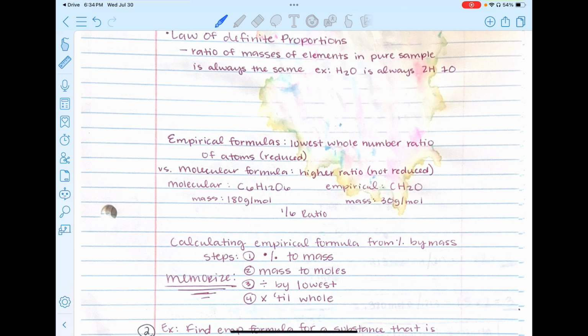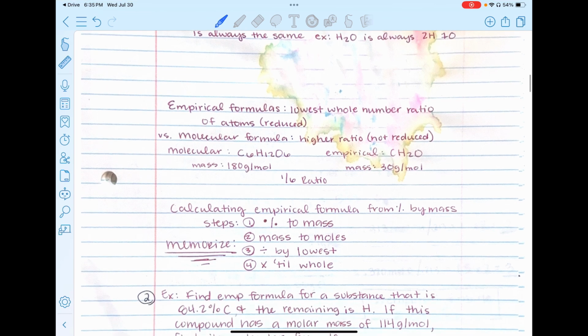So if we have divided everything by the greatest common factor and gotten down to the simplest form, that would be the empirical formula. Now, a molecular formula is going to be the higher, unreduced, unsimplified form. They're going to be higher numbers. For example, we can have a compound that contains only carbon, hydrogen, and oxygen, but in different numbers, still in ratio to one another, remember, because of that law of definite proportions.